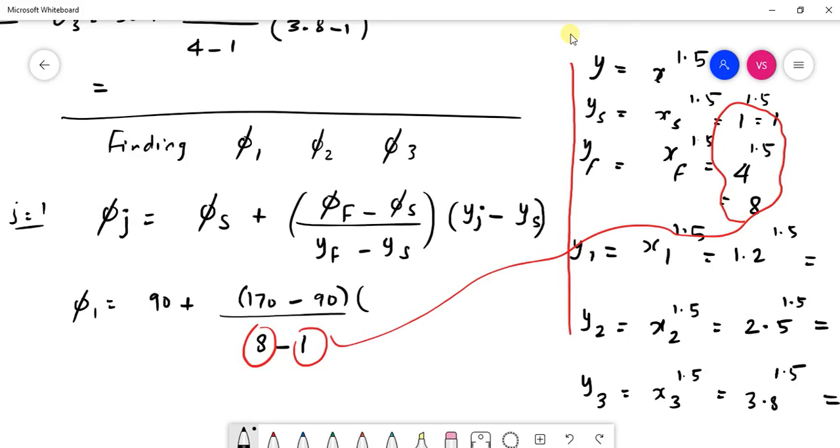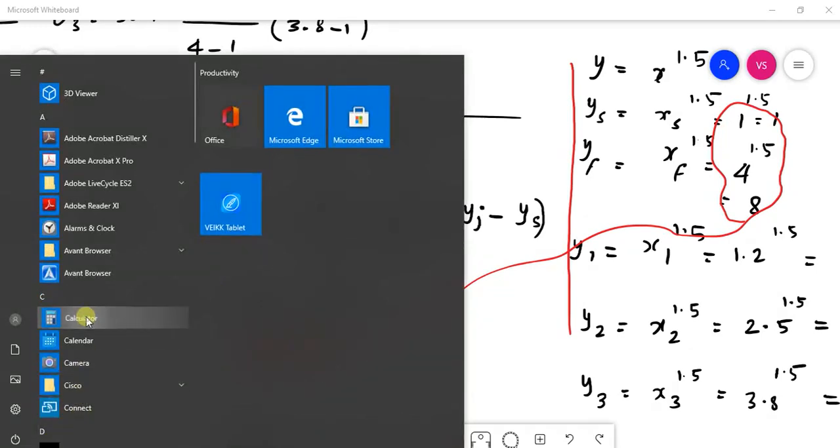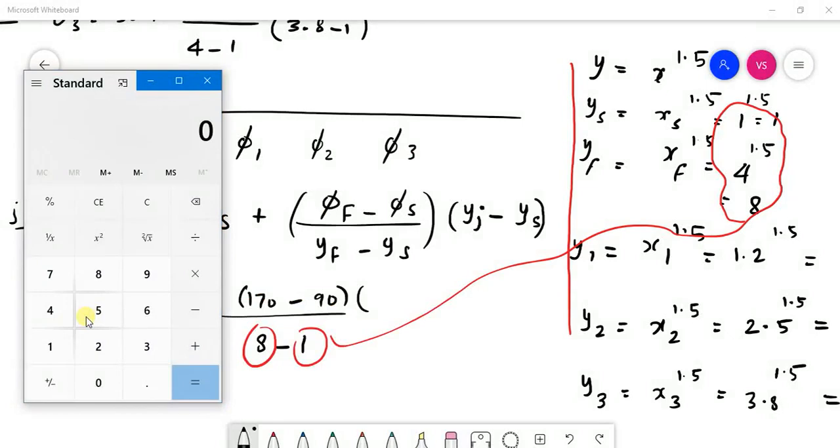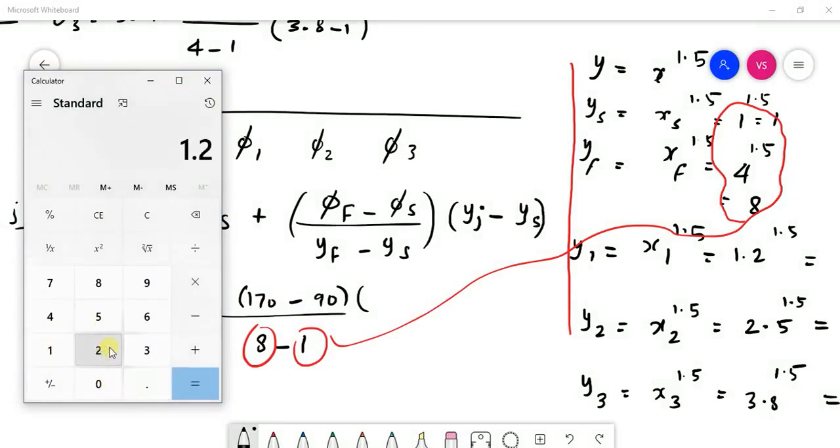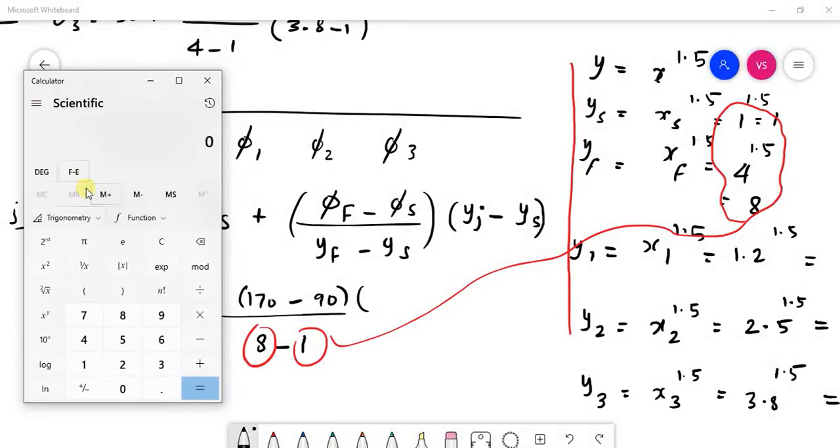So when I put j equal to 1, I have y1, whatever you have here, 1.2 power 1.5. That is 1.314.